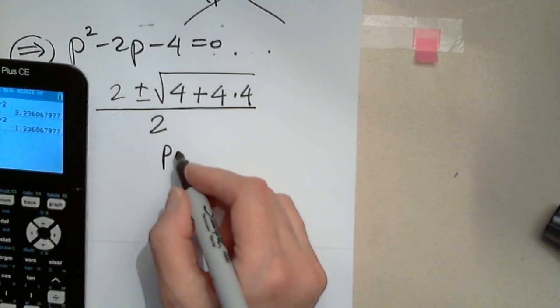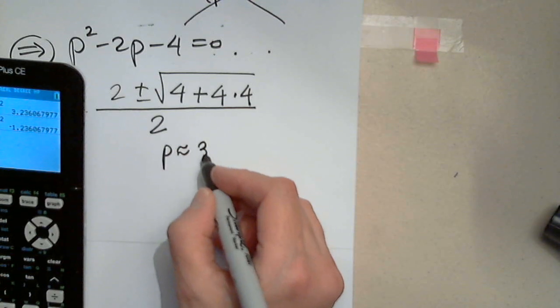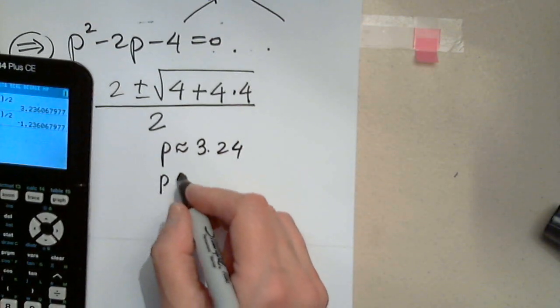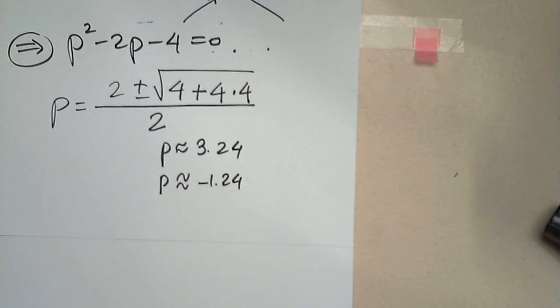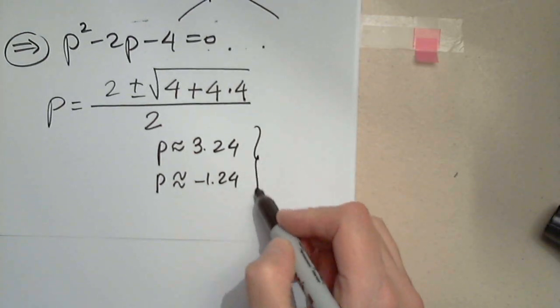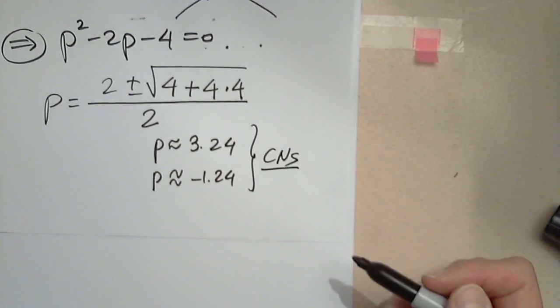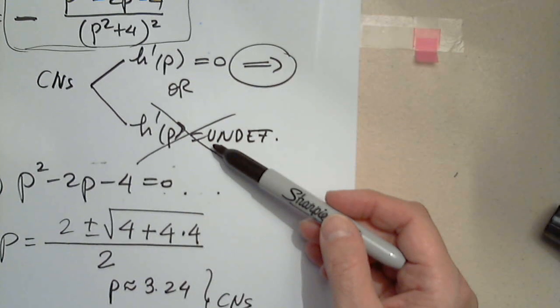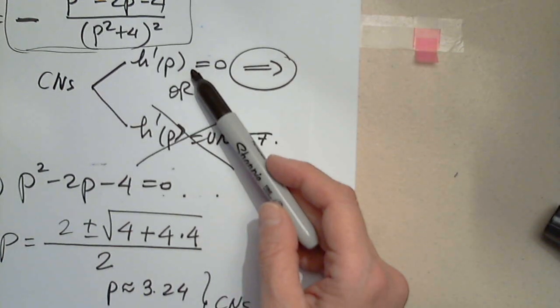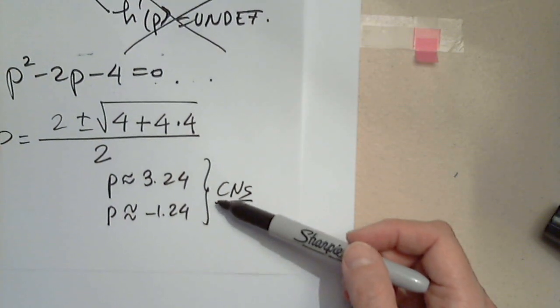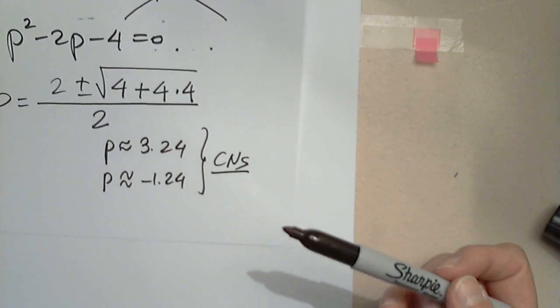I got that p is approximately 3.24 and p is approximately negative 1.24. The problem is only asking us to find the critical numbers, and we did. No critical numbers come from h prime being undefined, and we have two critical numbers coming from h prime being 0.